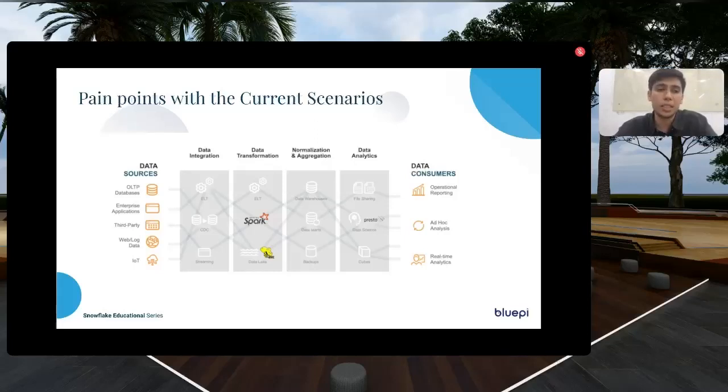Even though storage is cheap, companies get data volumes of 300 to 400 GB daily. Now, if there are multiple copies of data, they would end up paying more and more over the course of time, and you incur cost on network bandwidth as well. So this is one of the pain points with the current scenario.